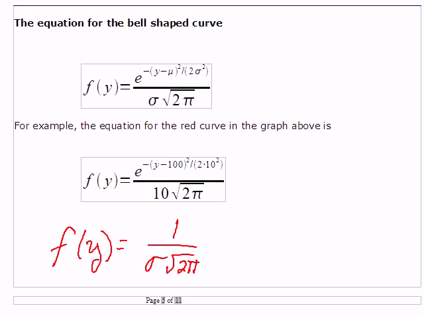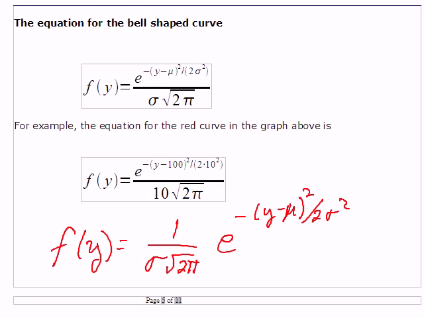Then we have e, Euler's number, related to the natural log, and all of these other values are the exponent. They don't multiply e, they're the exponent. It's the negative of y minus the mean, squared, divided by 2 times the standard deviation squared. Remember, that's entirely the exponent.